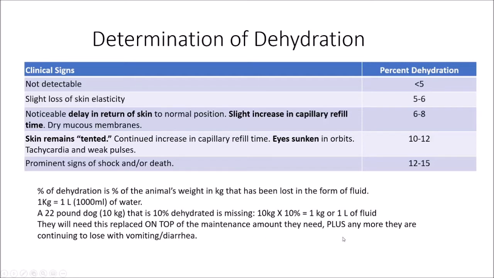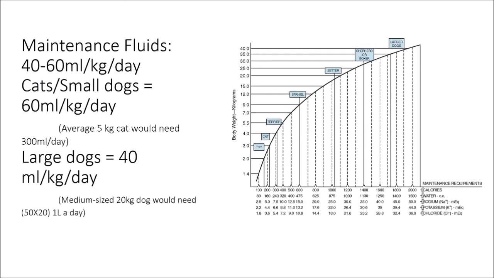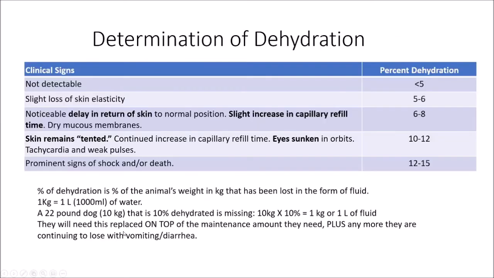So if we go back to our 20 kilogram dog, that's twice the size of this dog. If we are needing to replace maintenance fluids and dehydration fluids, the dehydration fluids is 1 liter, the maintenance fluids would be 500 milliliters, so the dehydration fluids is more than the maintenance fluids.